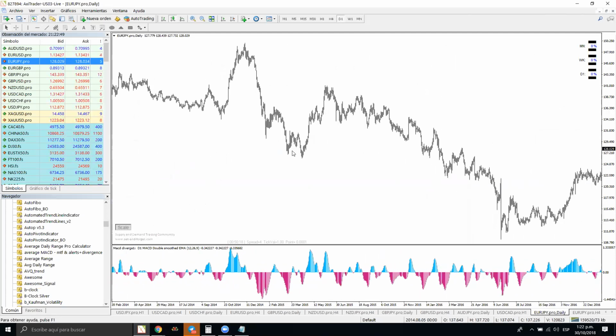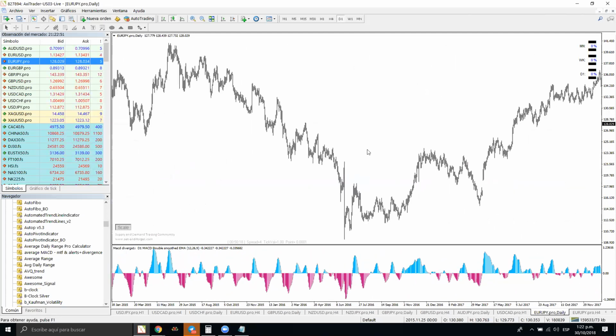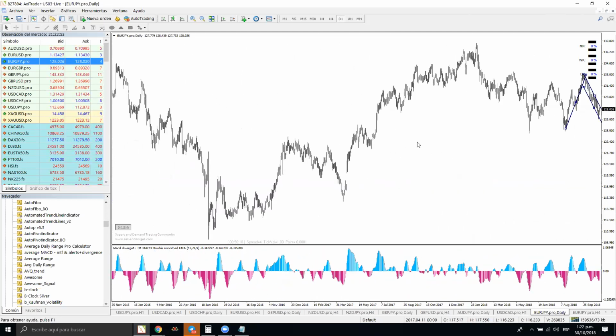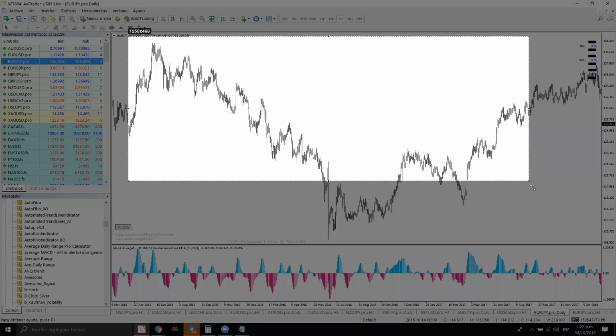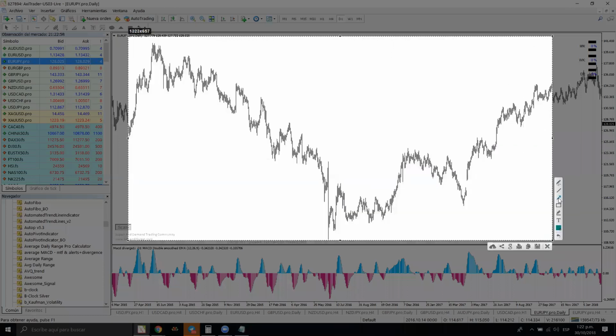Okay, here we have a beautiful sample. This is just how momentum works. We were in a downtrend, falling.